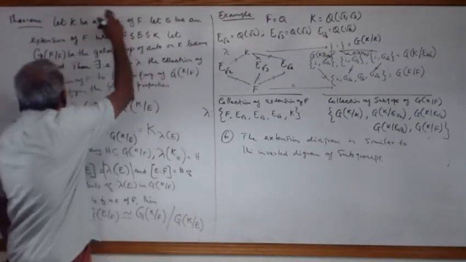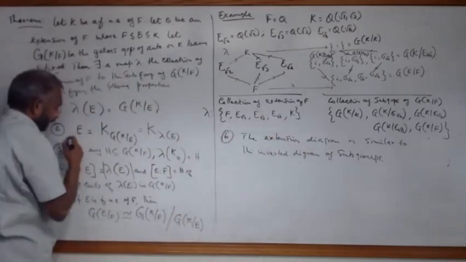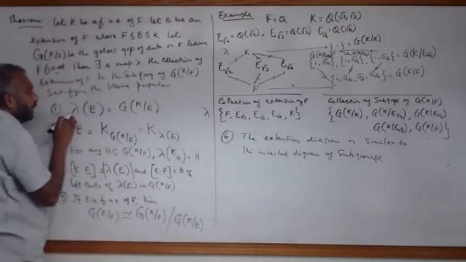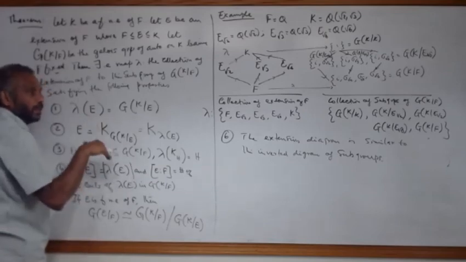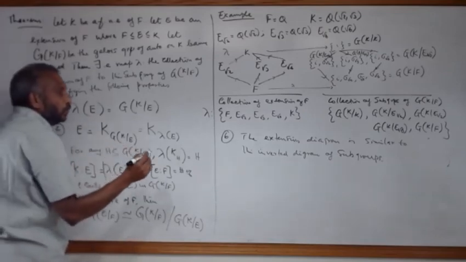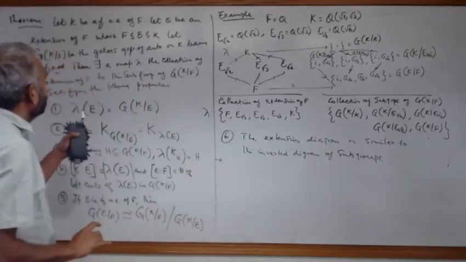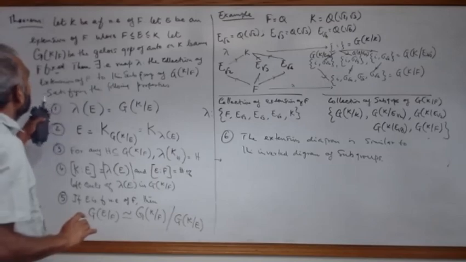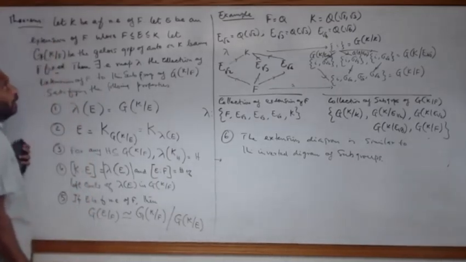So this is the Galois theory, the 6 items. In fact, if you get one of these, all this follows from the previous result. We'll do the proof in the next class, but I just want to make sure that the theorem is stated clearly.